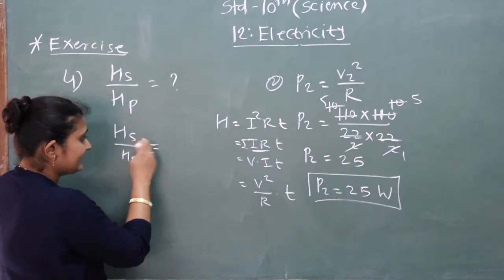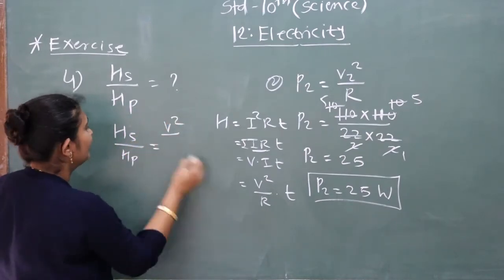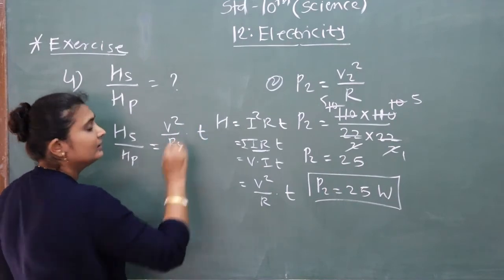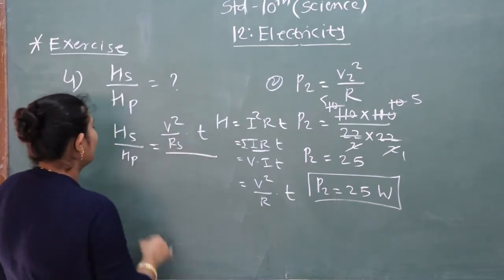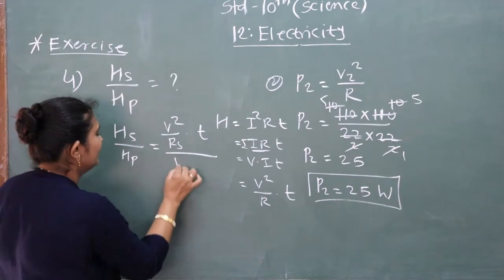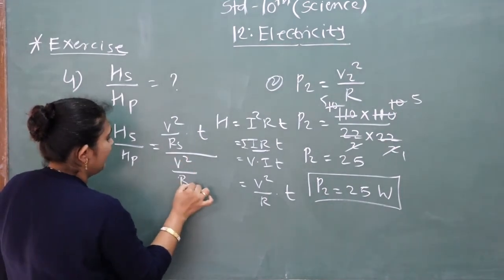Now for Hs, V square upon Rs into T, and for parallel connection V square upon Rp.